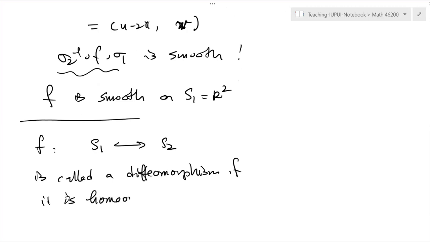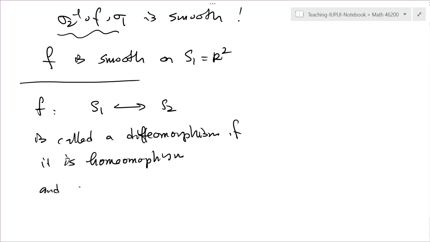Now, what do you mean by homeomorphism, right? Homeomorphism means F and its inverse are continuous. Now, bijective means two things. It is 1 to 1 and onto.